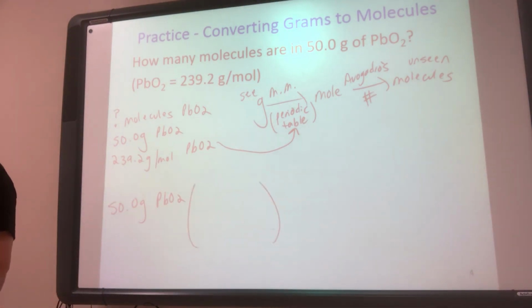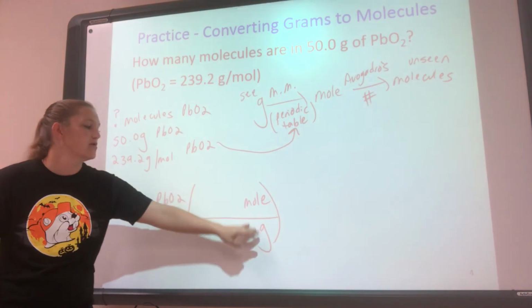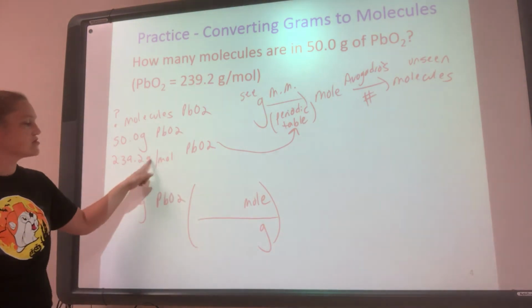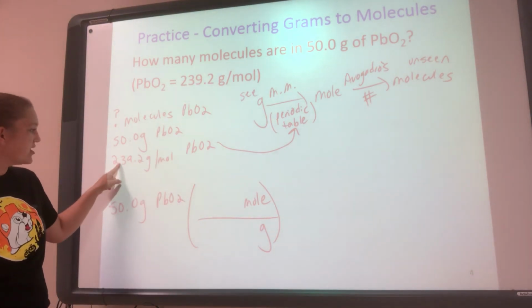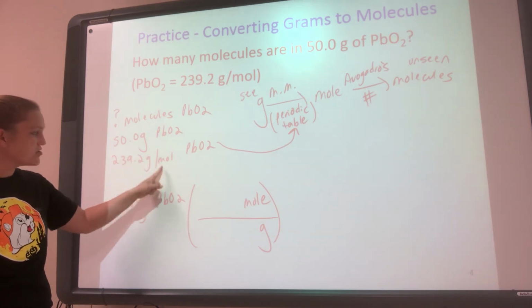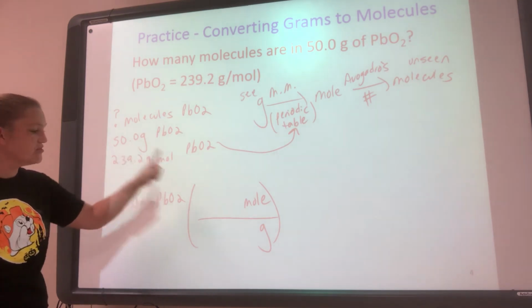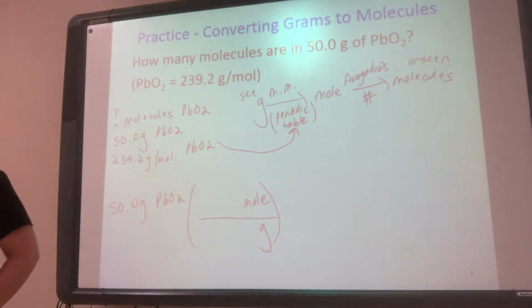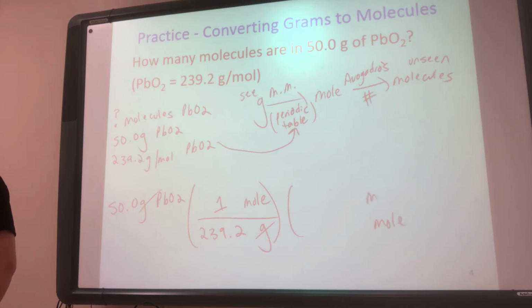So I have grams. I want grams to go away, so it goes on the bottom, and I want moles. I need something that has grams and moles. This has grams and moles. Okay? 239.2 goes with the gram, and the number 1 goes with the mole. So the 239.2 goes on the bottom. 239.2 grams, 1 mole. That cancels. I don't want moles. I want molecules.